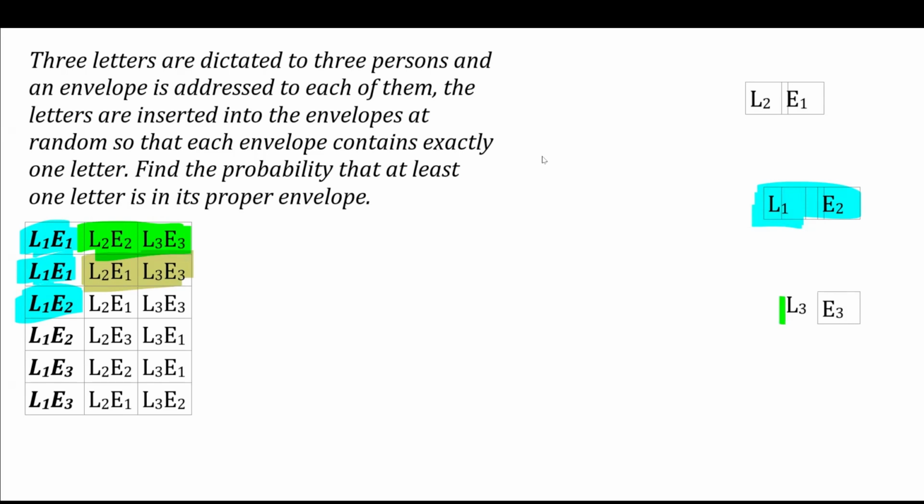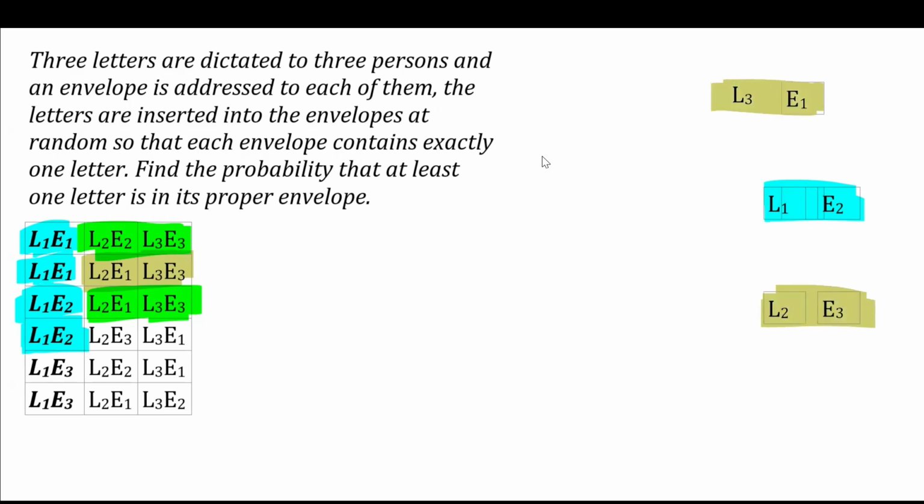When this gets exhausted, there is one more way: keeping L1, E2 fixed, we can swap the other two. The other combination is L2, E3 and L3, E1.